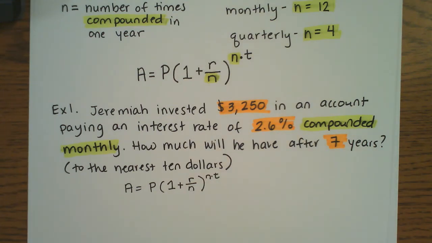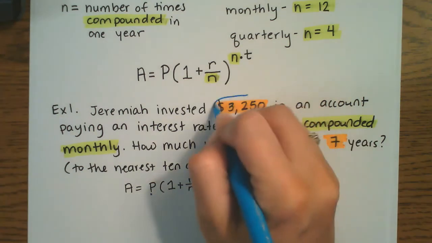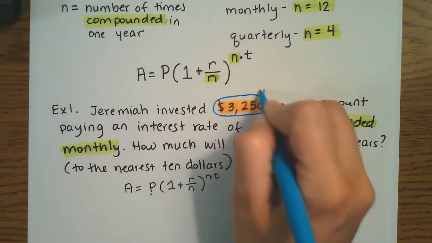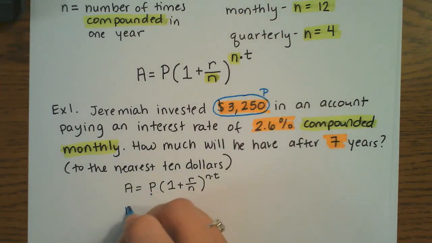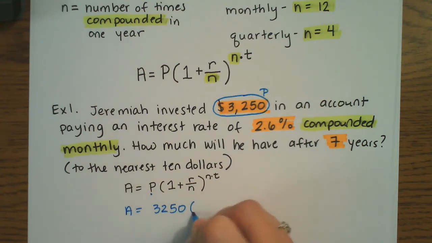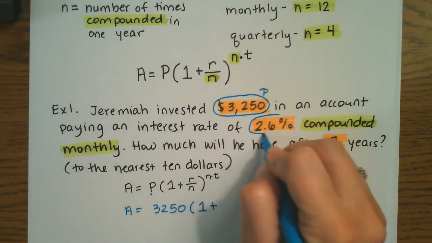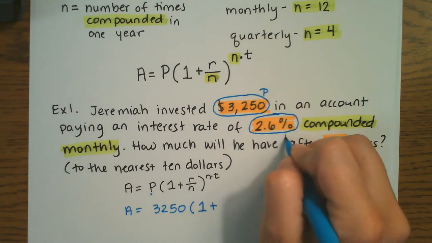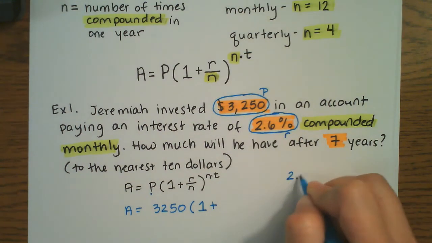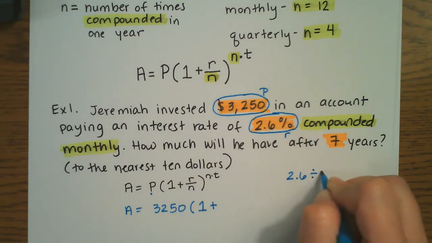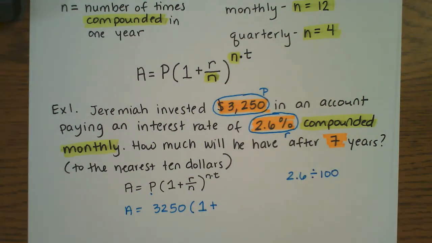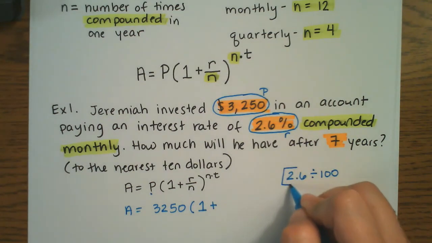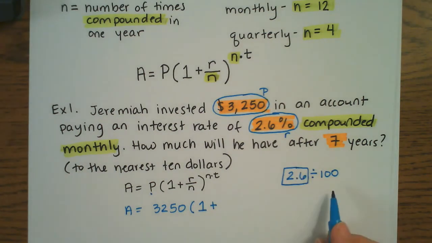So P is our initial investment of $3,250. 1 plus. Please don't forget that you have to change this percent by dividing it by 100 before we put it into the formula. So you take the given and divide by 100.